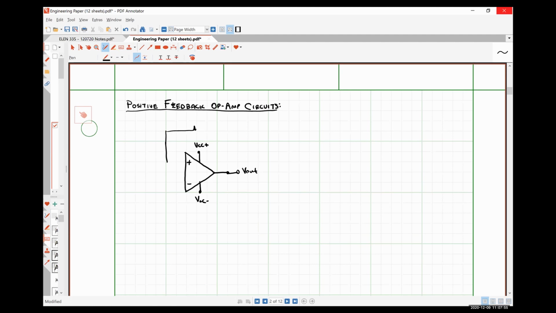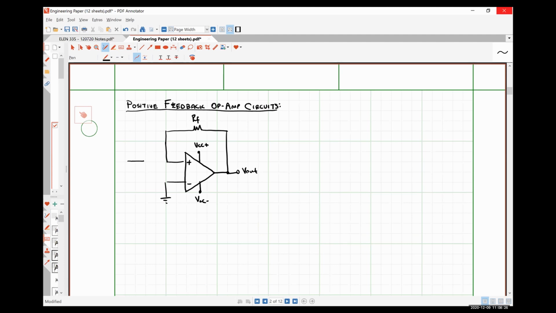So if my circuit contains a feedback resistor that connects the output of the op-amp to the non-inverting terminal, this is positive feedback. This other terminal could be connected to ground or a reference voltage or a resistor network or whatever.